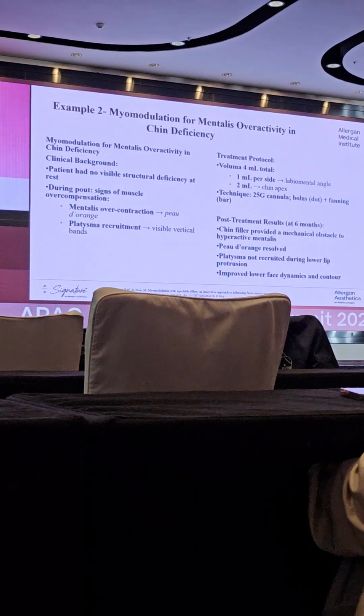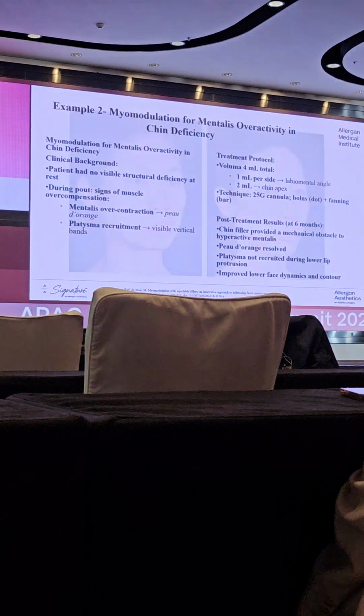So by using 4 ml of Voluma, using a combination of deep injection as well as fanning in the subcutaneous plane. Deep injection to provide support, to give projection because there is bony deficiency. Superficial injection to dampen the activity of mentalis muscle because there is excess contraction of mentalis muscle which is showing through the skin.